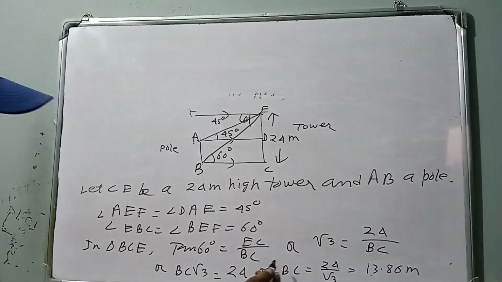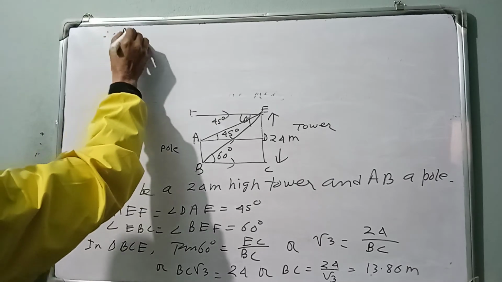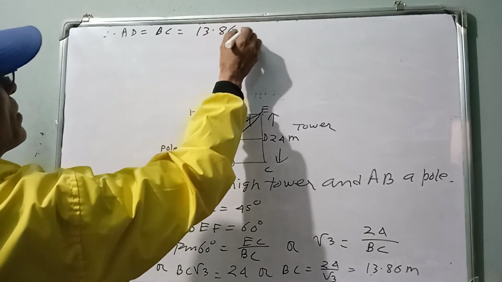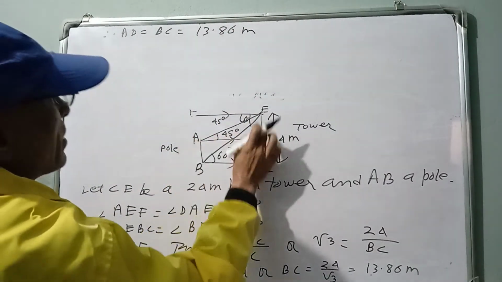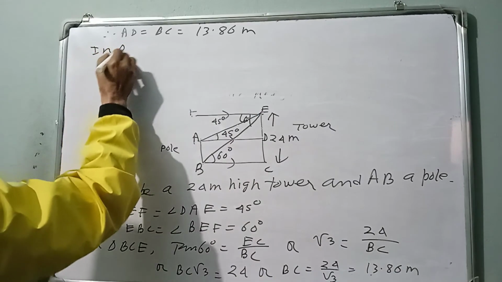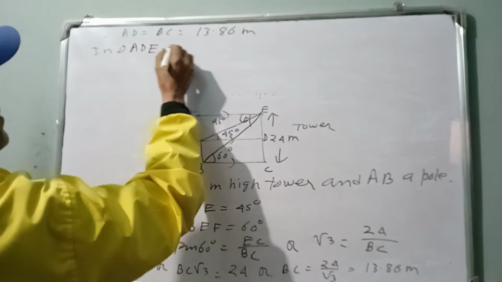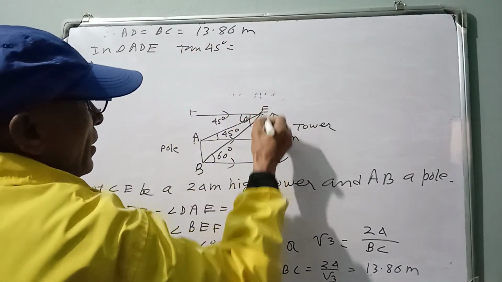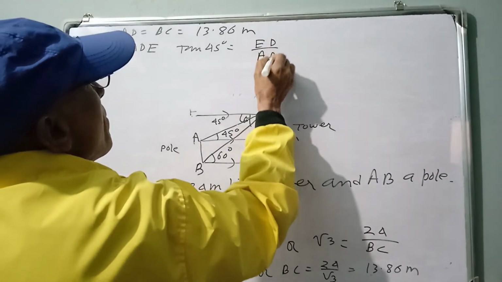Now continue. BC equal 13.86. Therefore, AD equal BC equal 13.86 meter. AD and BC are equivalent parallel. Now in triangle ADE, tan 45 degree equal ED by AD.